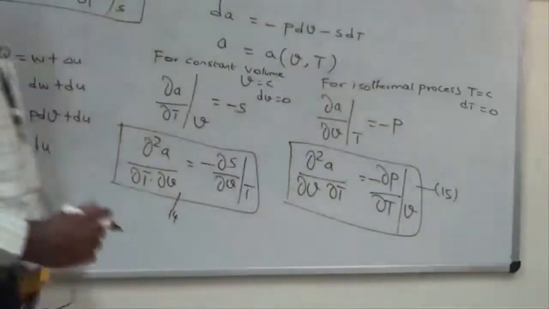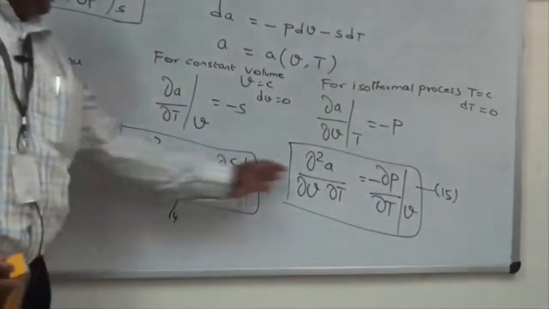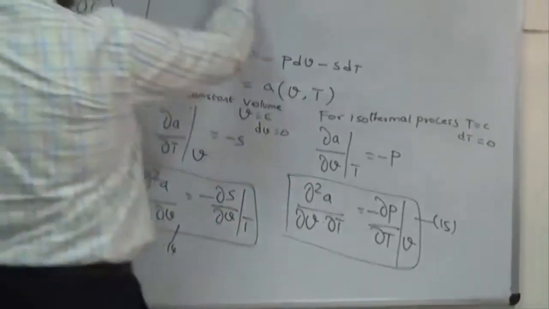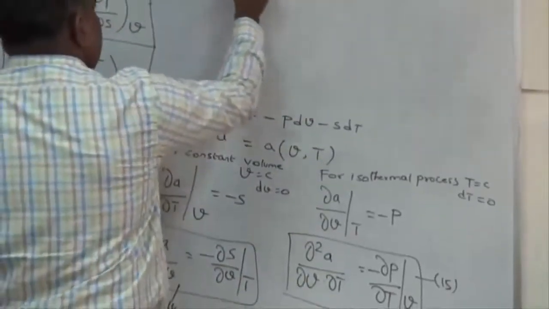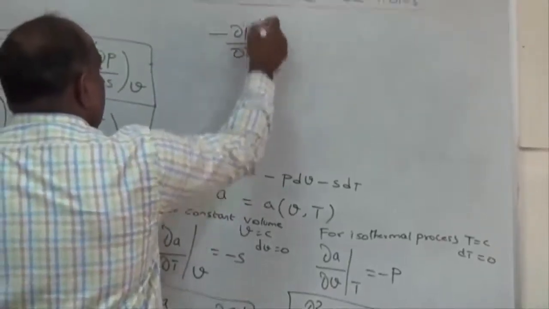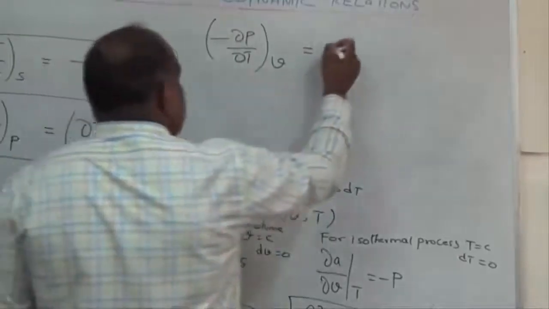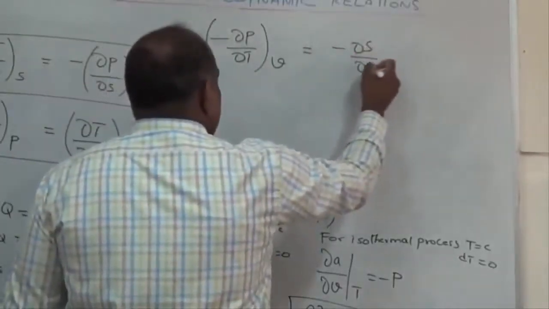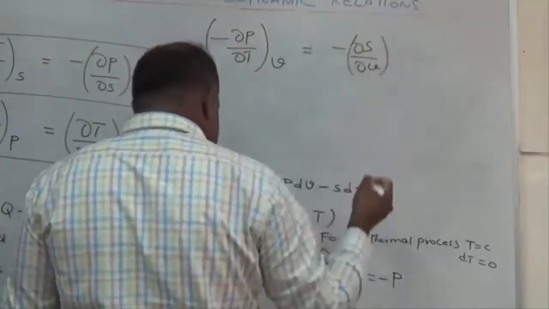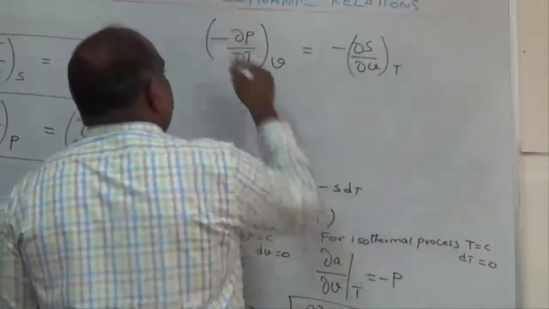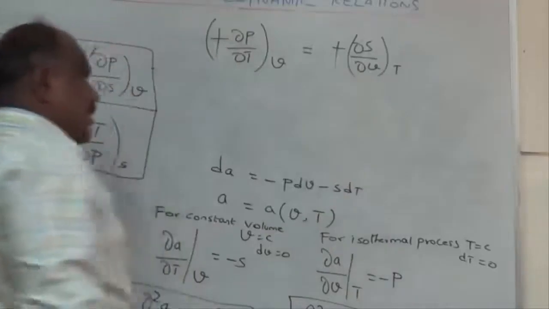We can see that the left hand sides are equal, so the right hand sides should be equal, which indicates that minus dou P by dou T at a constant volume will be equal to minus dou S by dou V at a constant temperature. Multiply both sides by the minus sign, so they become positive.